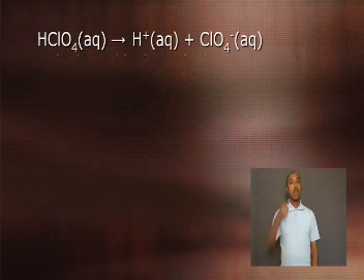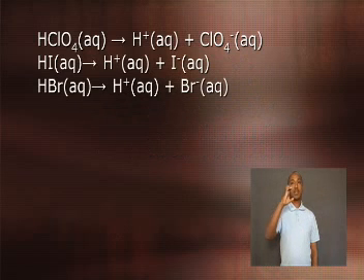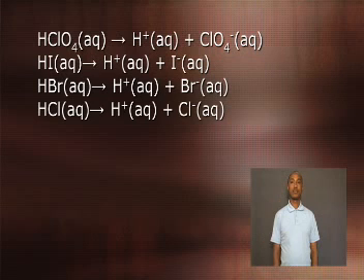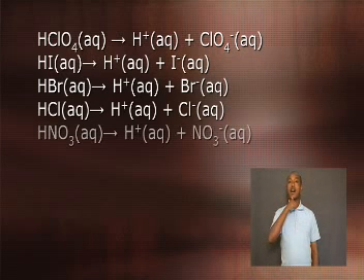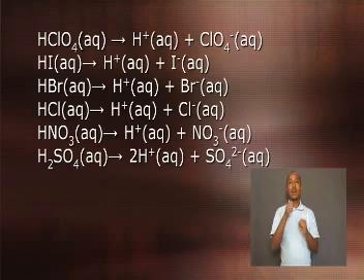For example, perchloric acid, hydroiodic acid, hydrobromic acid, hydrochloric acid, nitric acid, and sulfuric acid are all strong acids that dissociate to a high extent.